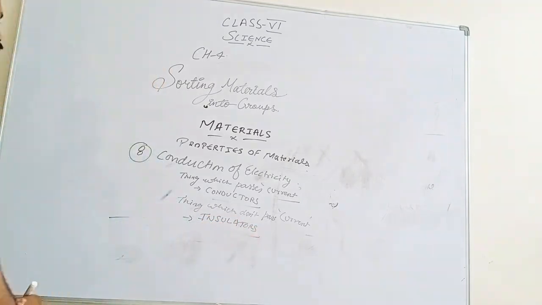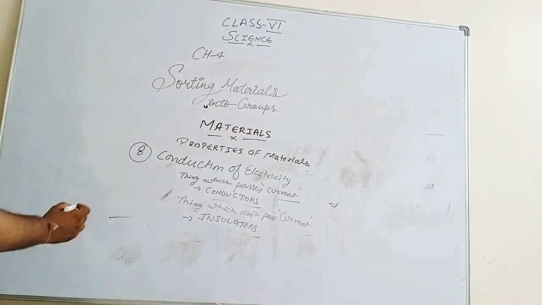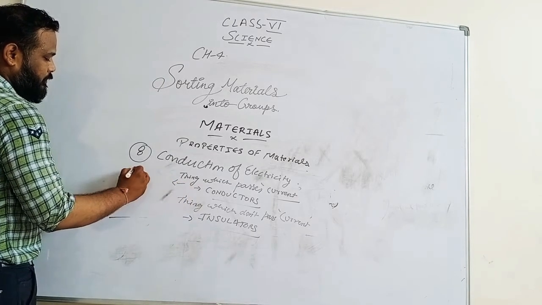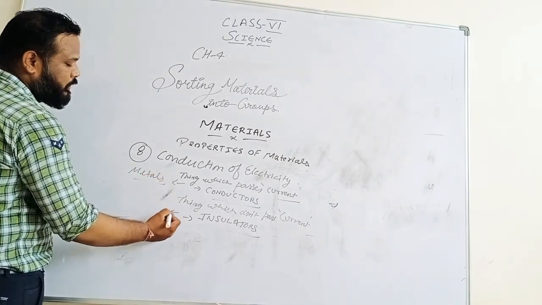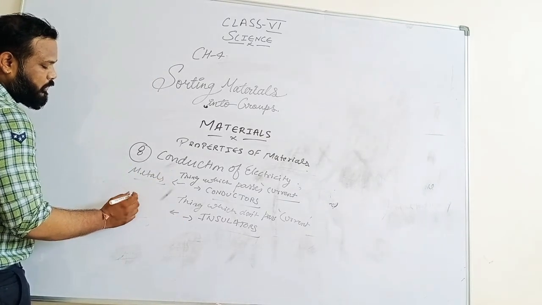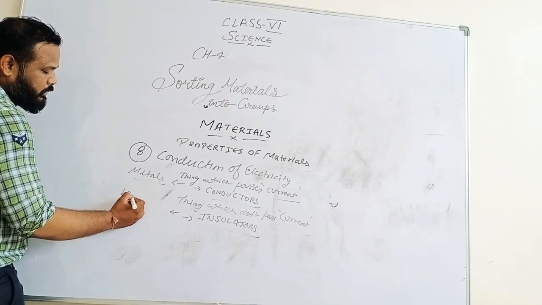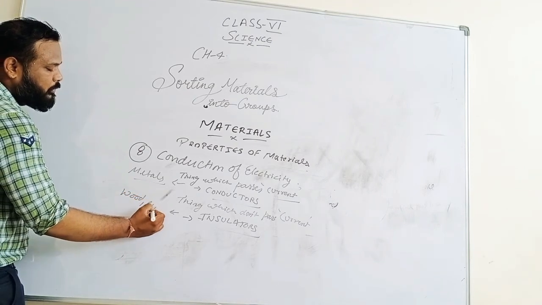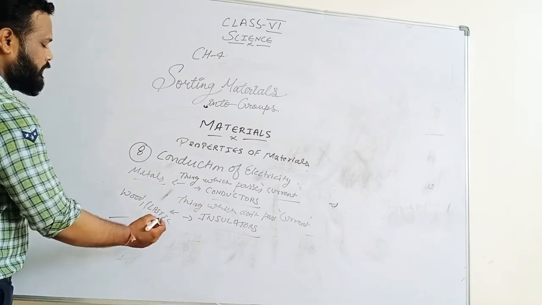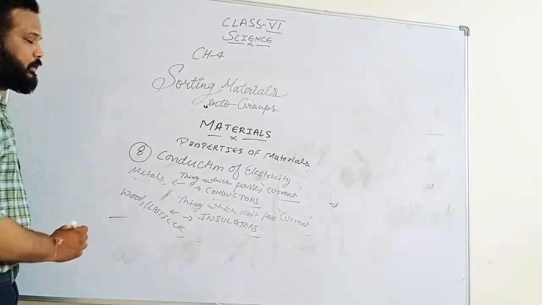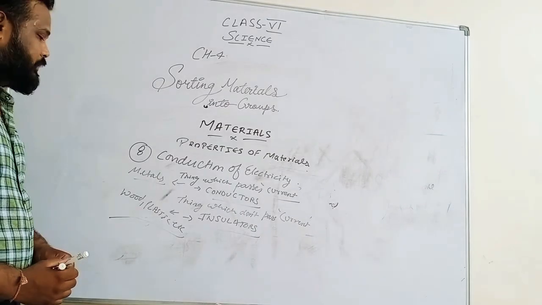Now you should know what conductors and insulators are. Metals are conductors, while things like wood, plastic, rubber are insulators. You can find more and more names.